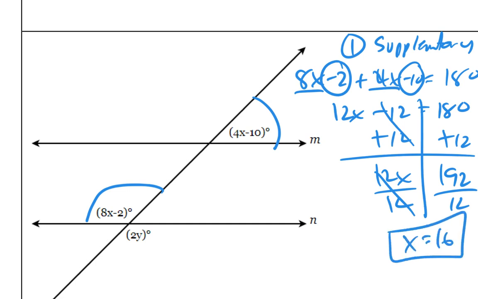Now that x equals 16, let's look at the y. If x is equal to 16, what do we know about this and this? Actually, let's look at this and this. Look at that relationship. These two are vertical angles. So 8x minus 2 has to be equal to 2y because these are vertical angles.